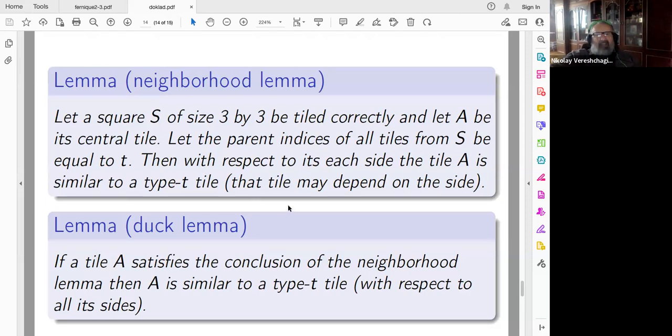And the second lemma, called the duck lemma, says that if this relaxation happens, so if the conclusion of this theorem happens, then our tile is actually similar with respect to all sides to the same type T tile.